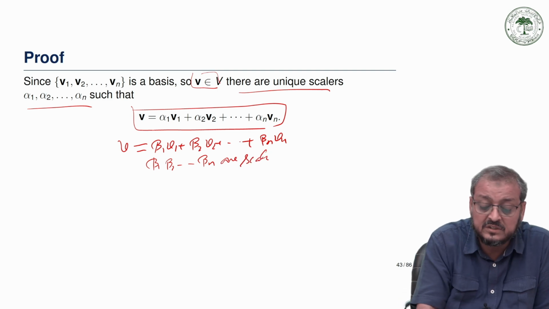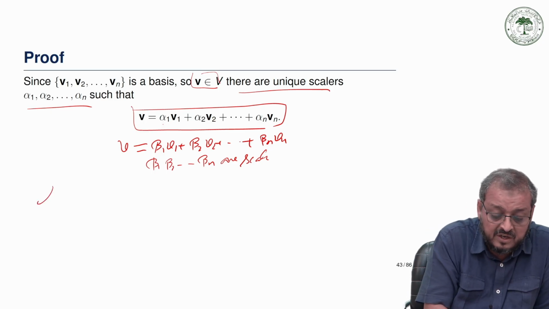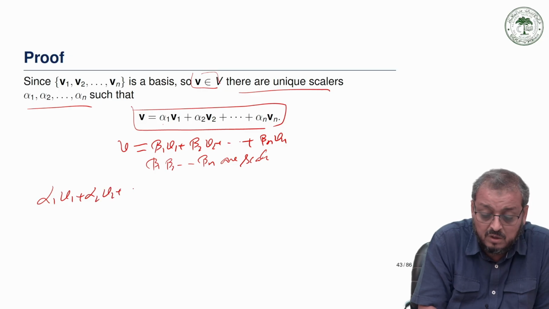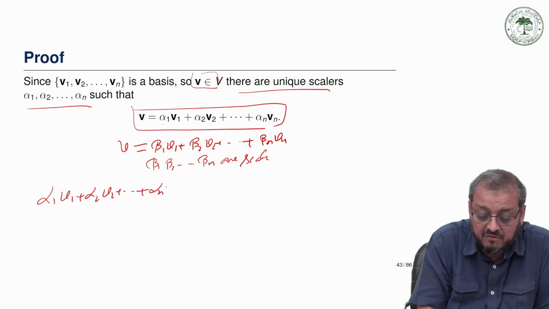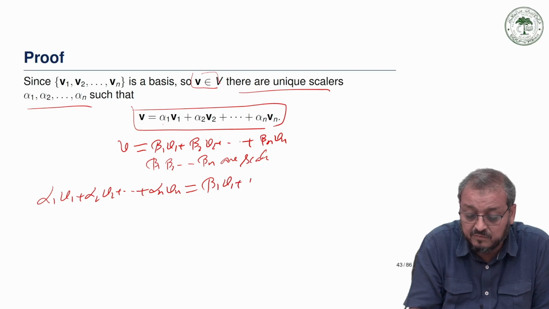Now V is also equal to this, so we can write alpha 1 V1 plus alpha 2 V2 and so on, plus alpha n Vn is the same as beta 1 V1 plus beta 2 V2 and so on.